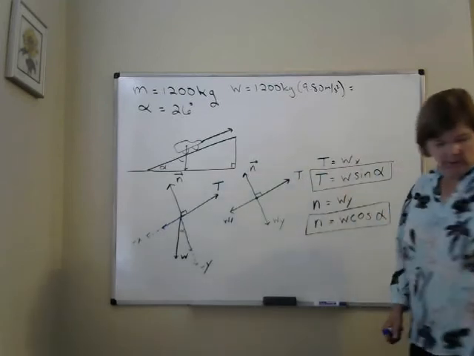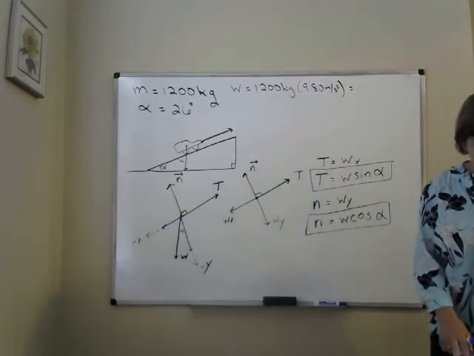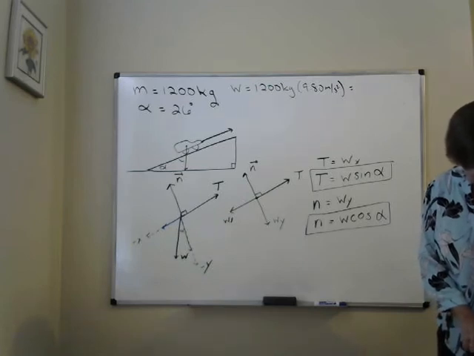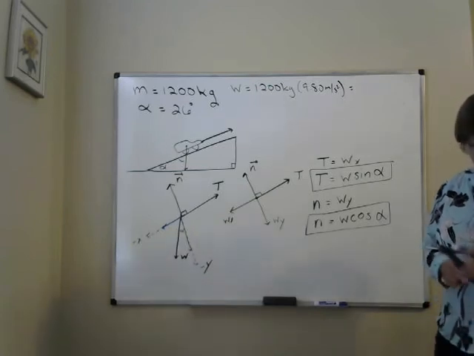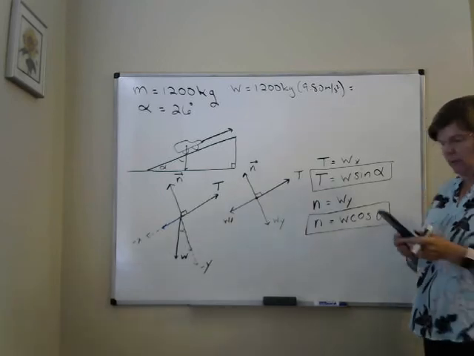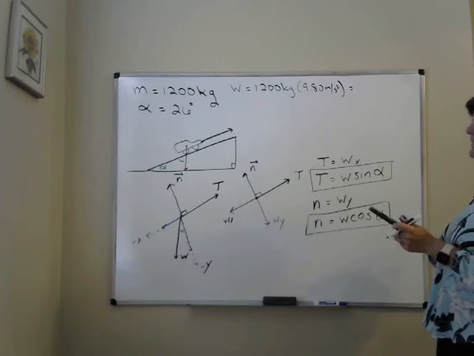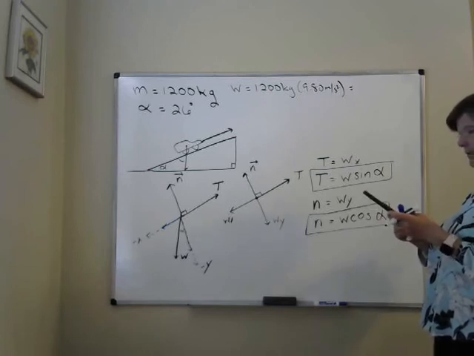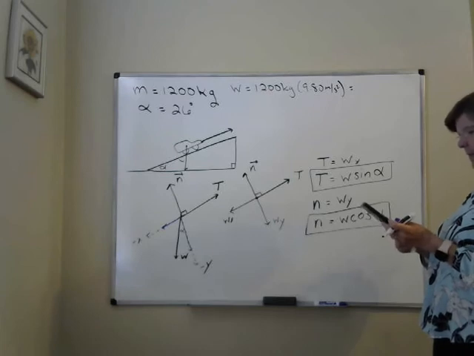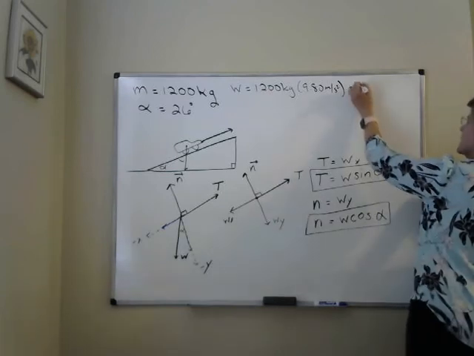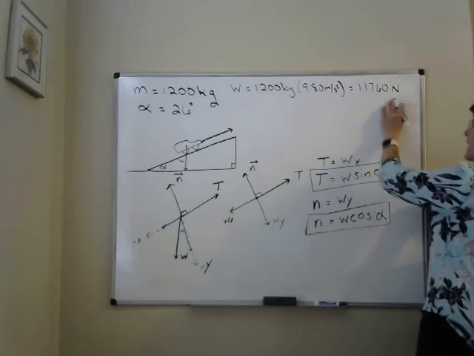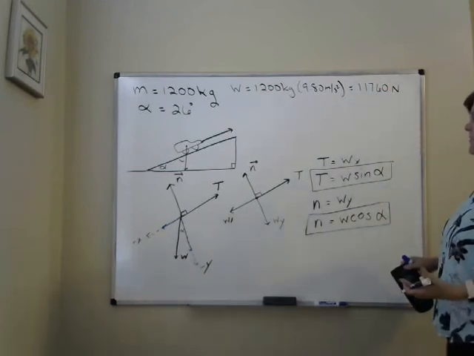If I do 1,200 times 9.80, let's see what I get. In my notes I have the car as 1,250, so when you read my notes, there's a goof. 1,200 times 9.80 is 11,760 newtons. I don't want to round it because it's not my answer.